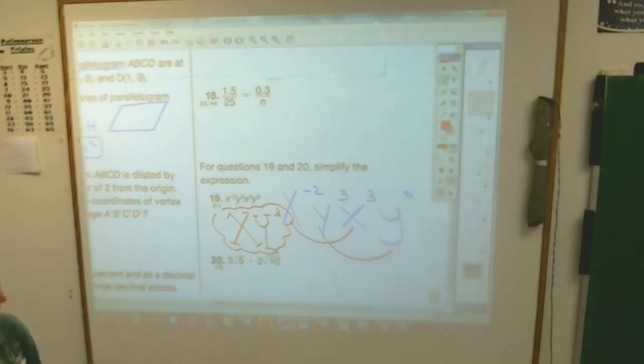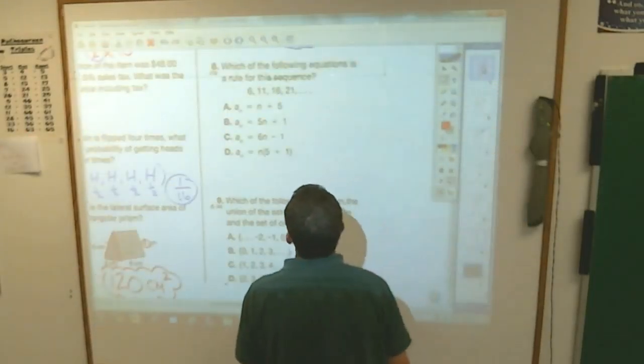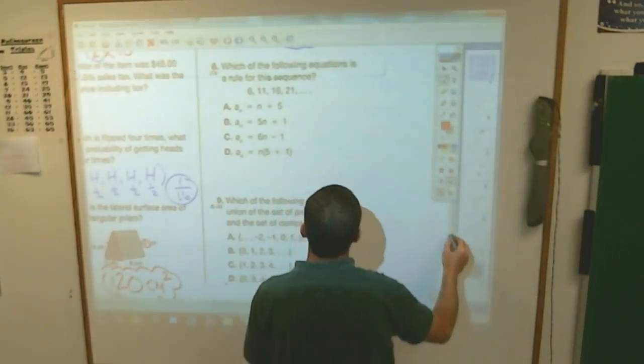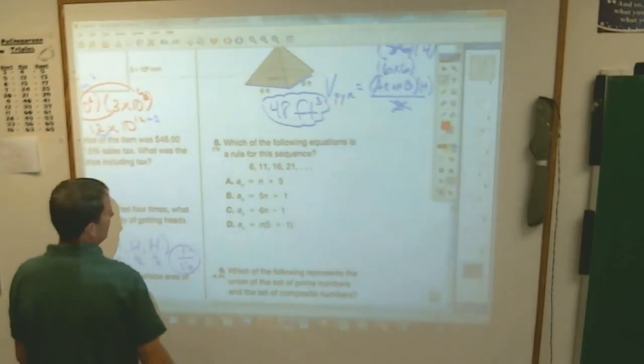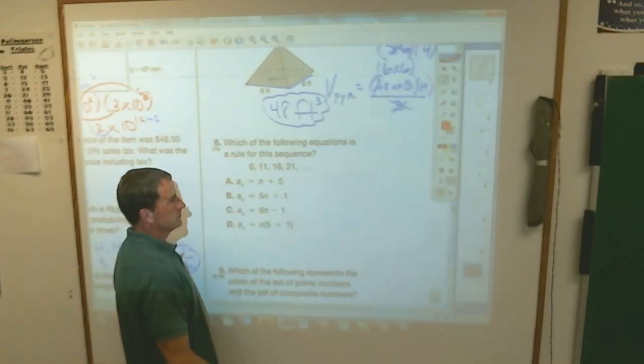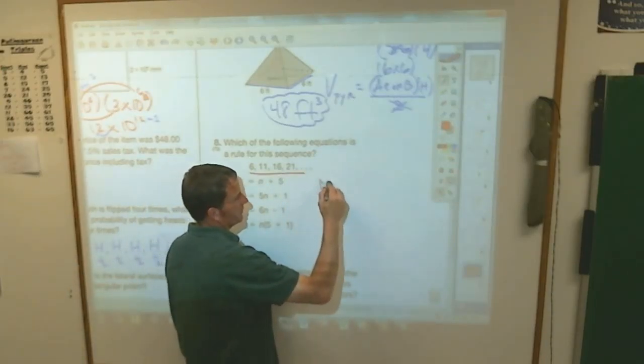Stritzel! How do you do number 8? Well, here is what I would do, Caitlin. First thing I do is I make kind of a table of this thing. Here's kind of what this would look like.